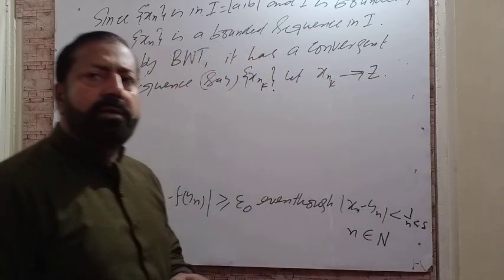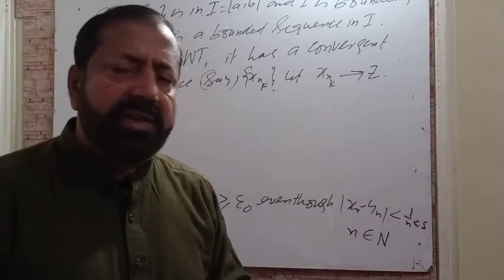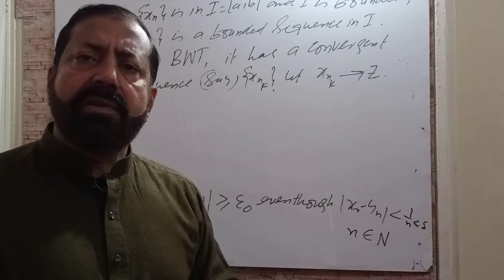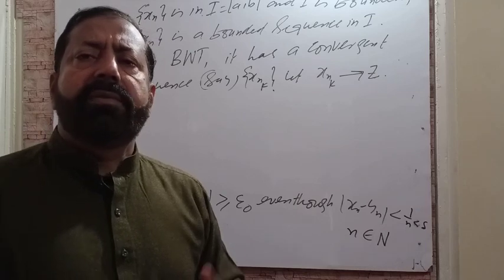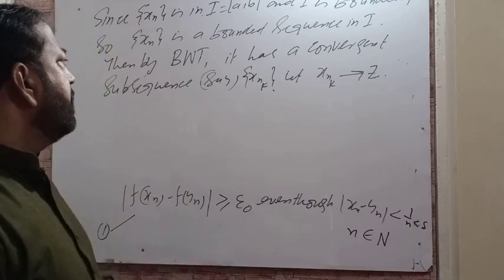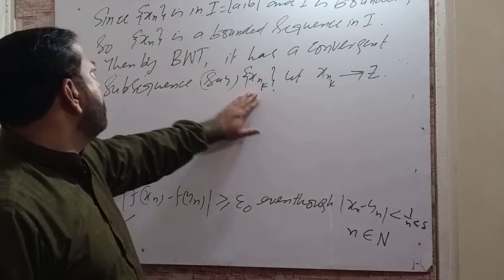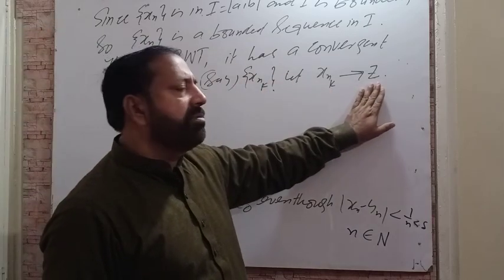Since I is bounded and xn is a sequence in I, xn is also a bounded sequence, and we know by the Bolzano-Weierstrass theorem that every bounded sequence has a convergent subsequence. That's why we suppose that xnk is a convergent subsequence of xn, converging to z.